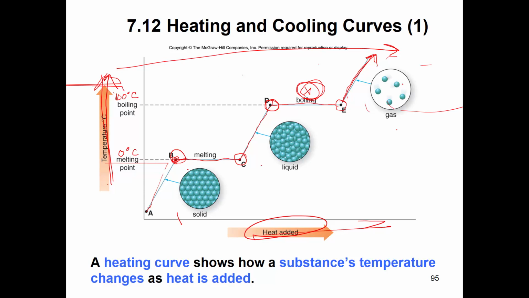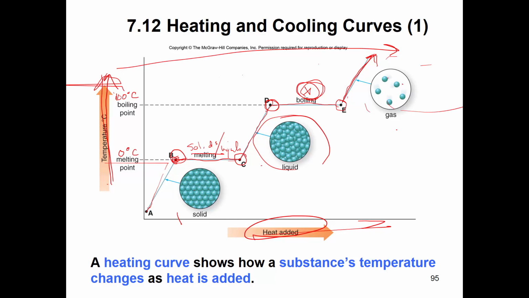So interesting is, once it hits the melting point, it's melting, and so you're going to have solids and liquids because it's converting from a solid to a liquid at its melting point. When it is climbing here, it's all liquid.